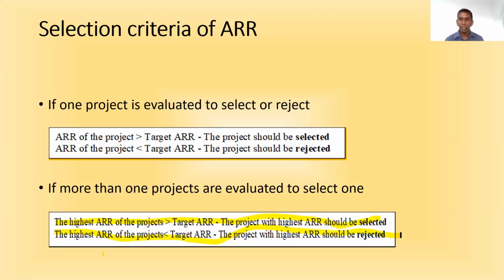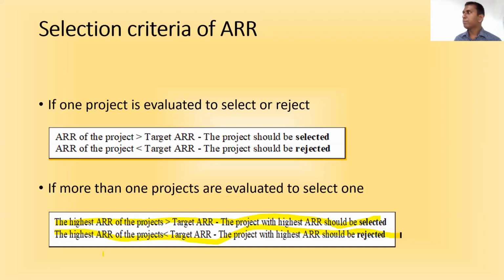If we can acquire just a single opportunity, we need to select the project that generates higher ARR, that is project A. It generates 26% ARR. Then we compare that with the target ARR. The target ARR is 25%, and 26 is greater than 25. Therefore, only project A can be selected, right?